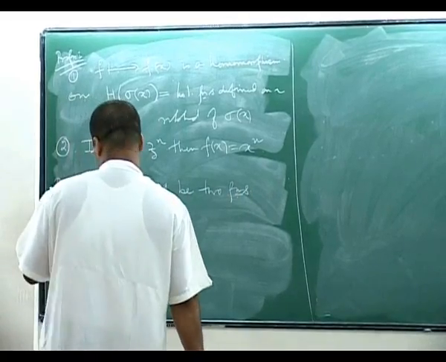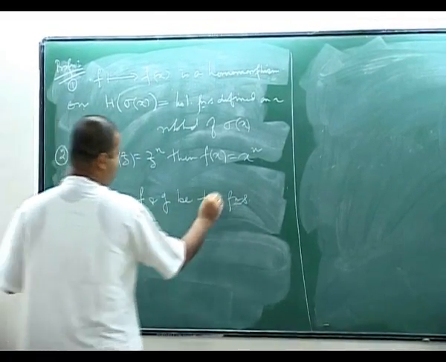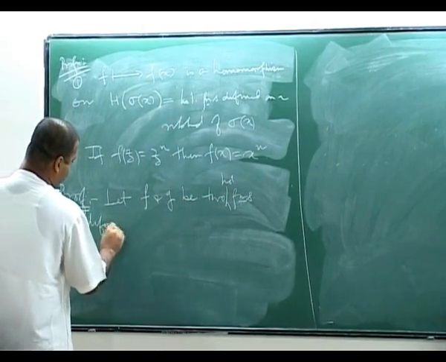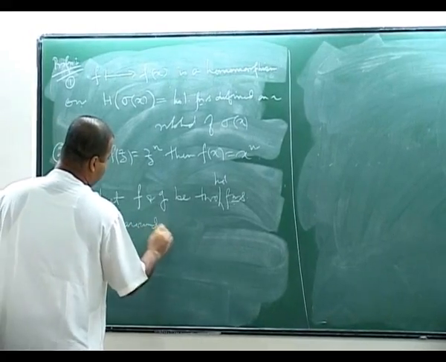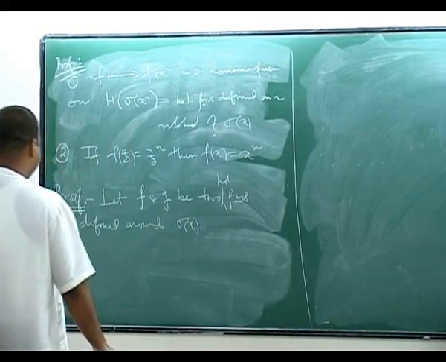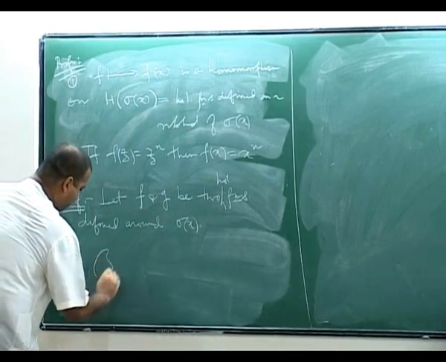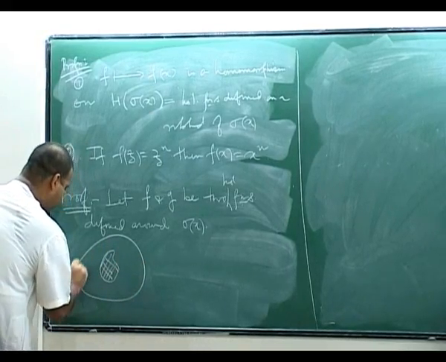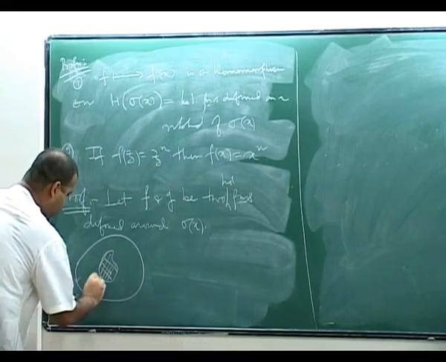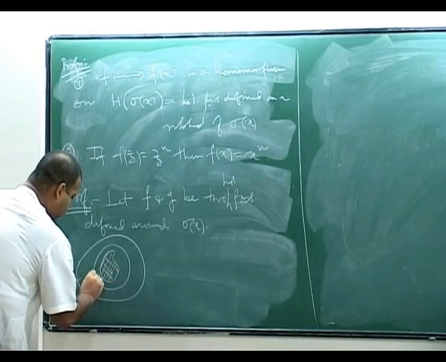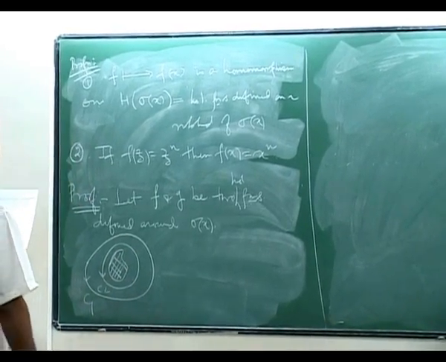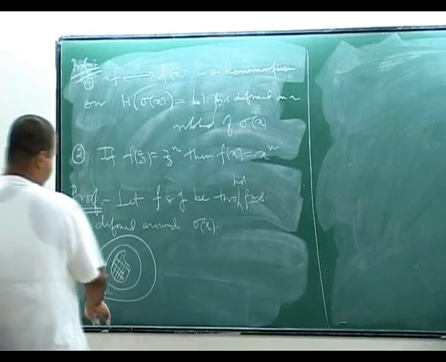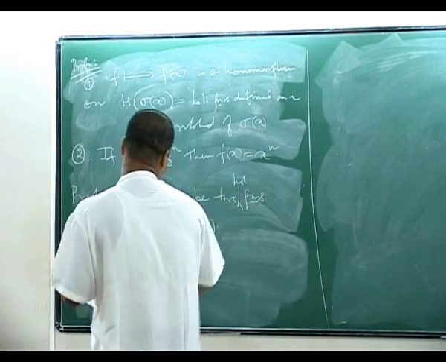So let f and g be two holomorphic functions defined around spectrum of X, and so here is spectrum of X, and you draw two curves, C1 and C2, but C1 is within C2.